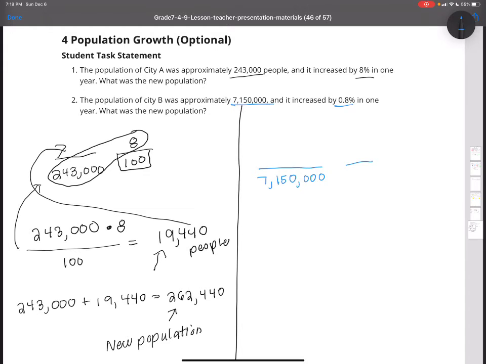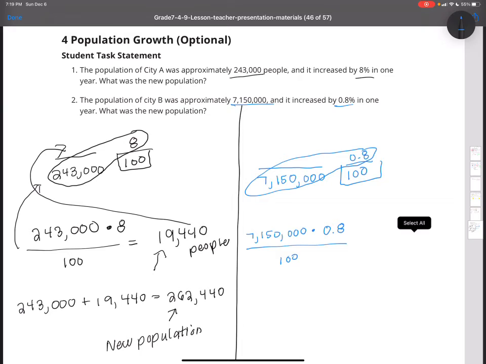Okay, and the percent is 0.8%. Over 100, I'm going to cross multiply, and I'm going to divide by 100. And if you guys have your calculator at home, you guys could be doing that. So it's 7,150,000 times 0.8 divided by 100.